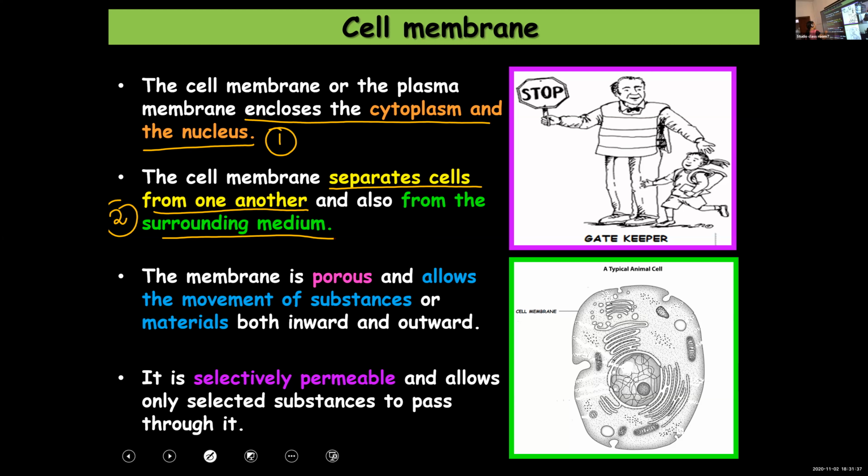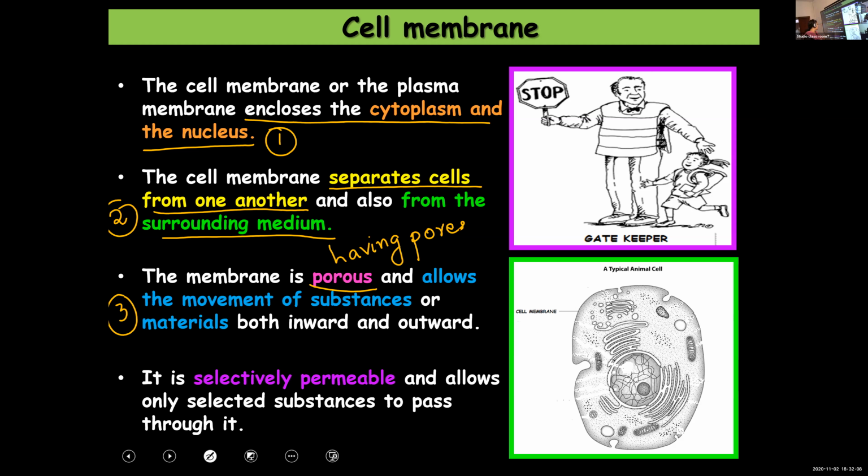Point number 3. It is porous. Porous means having pores. It is provided with small openings. Small, minute, microscopic openings are there in the cell membrane. Why do they have pores? These pores will allow the movement of materials inward and outward. So cell membrane is porous, and through these pores, materials will go in and out.